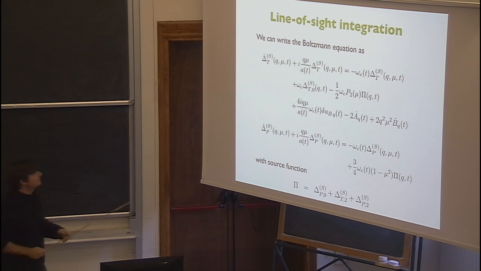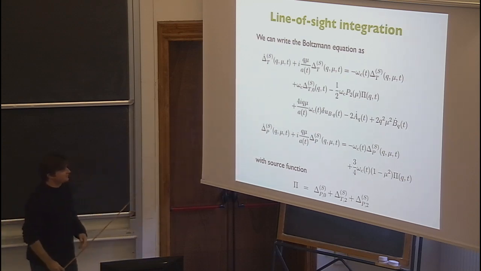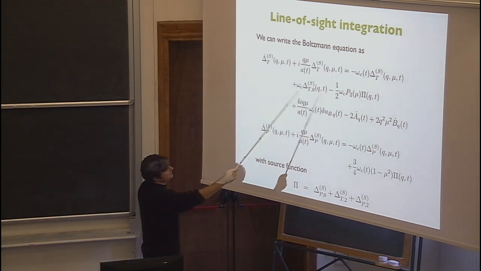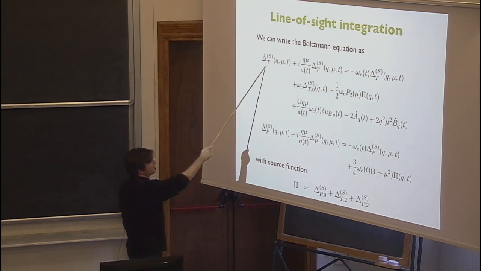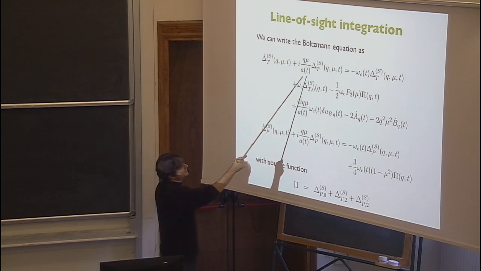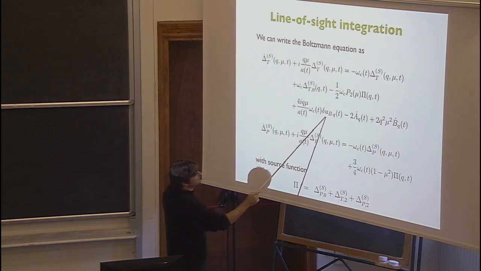But now what is done is you use what is called the line of sight integration, and it's based on the formal solution to these equations that I briefly mentioned. If you look at that equation, this is of the form that I sketched on the board. It's just f prime plus some function times f plus some other function, so these guys here.